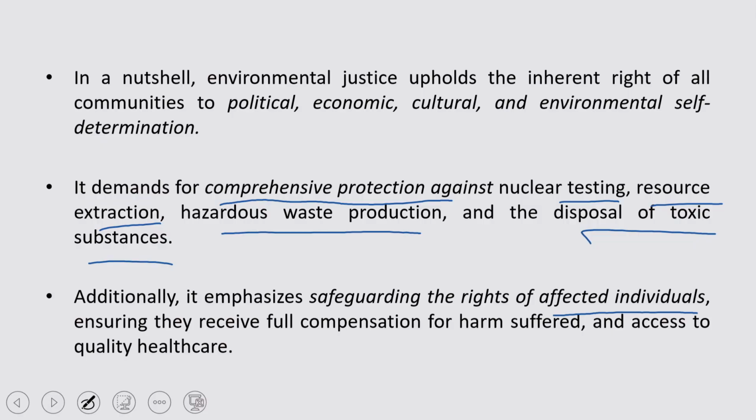Here, I would like to tell you about one very important movement in India. We will discuss it in coming lectures. That is Narmada Bachao Andolan or Save Narmada movement. If you see that movement, it was against the dam project, and there were two reasons. One, that this dam is going to impact nature, and the second one was that the construction of the dam led to displacement of many people, many local people, poor people, and this movement demanded what?